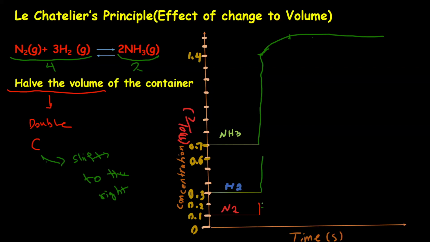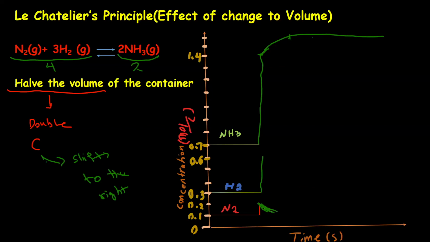So for N2, if this one goes from 1.4 to 1.6, it means 0.2. So this one just goes from 0.2 to 0.1. We have a drop close to 0.1, a drop because we are using that.